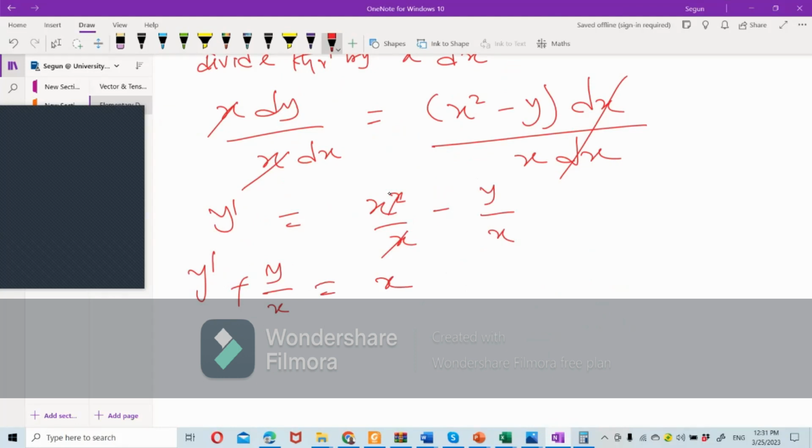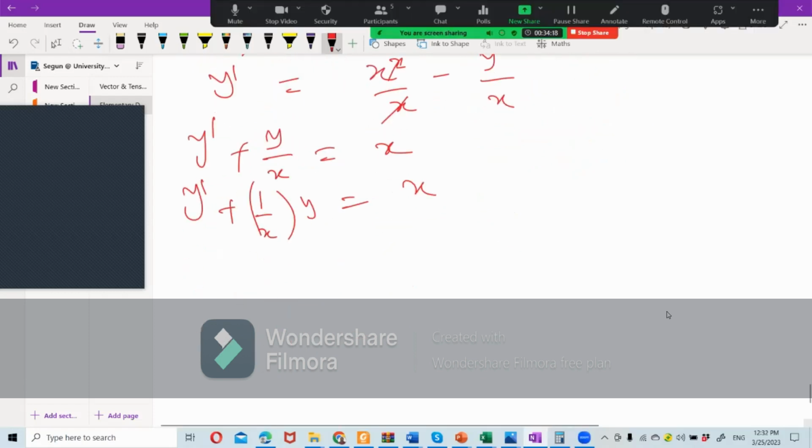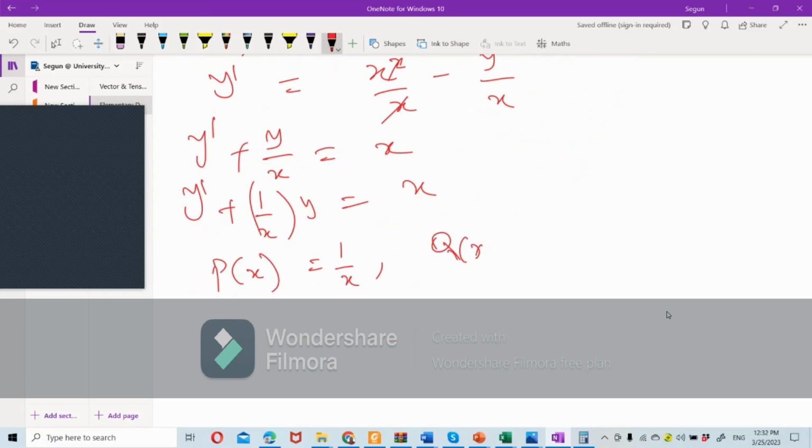So if you write this one correctly, you have y prime plus 1 all over x, y equals to x. In this case now, our P of x is equals to 1 all over x. Our Q of x will be equals to x. Yes. Any question, please?